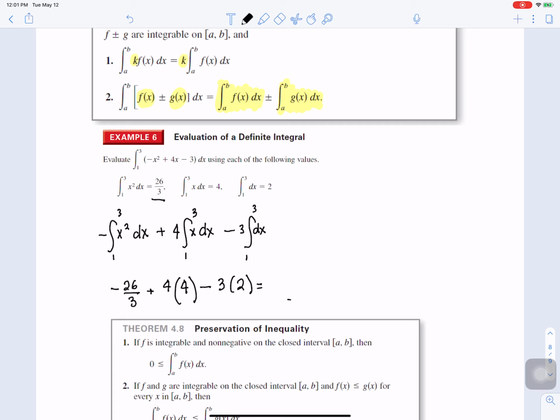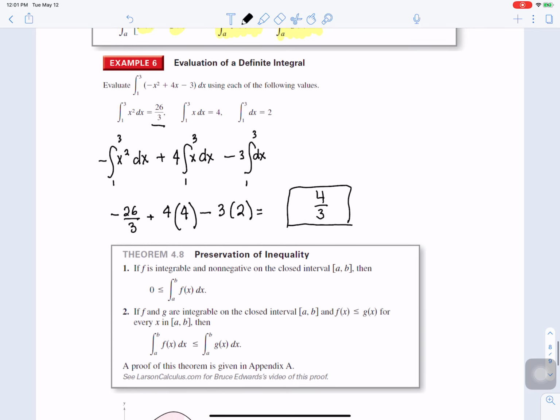Then I work out this final answer as a simplified fraction. When I do that on the calculator, I get 4 over 3. So if I were to draw this quadratic and take the area under the curve from 1 to 3, I get an answer of positive 4 over 3, regardless of whether I do each piece separately or think of the whole function as one.